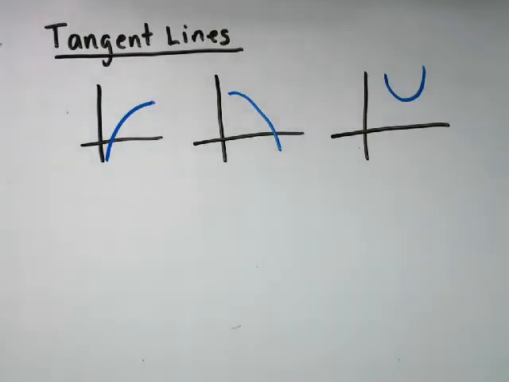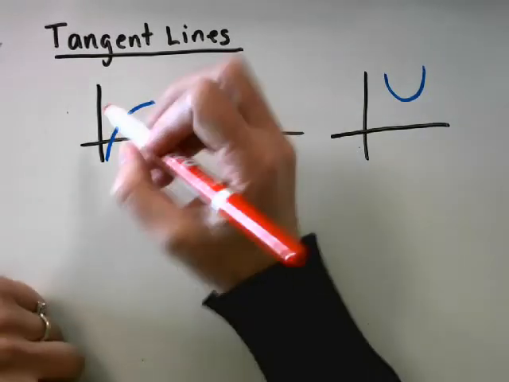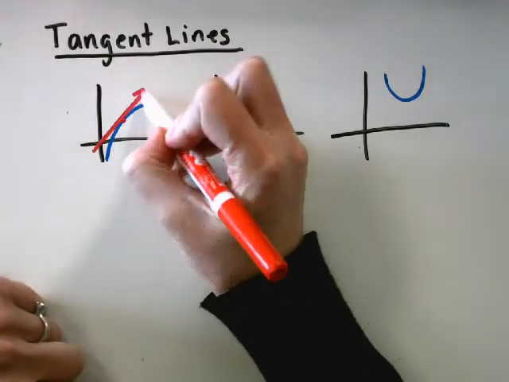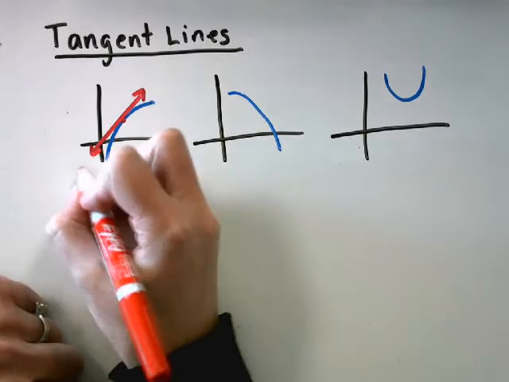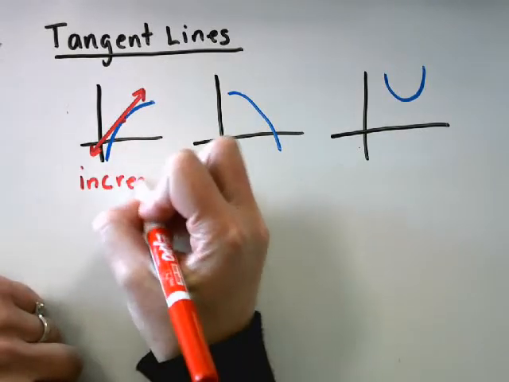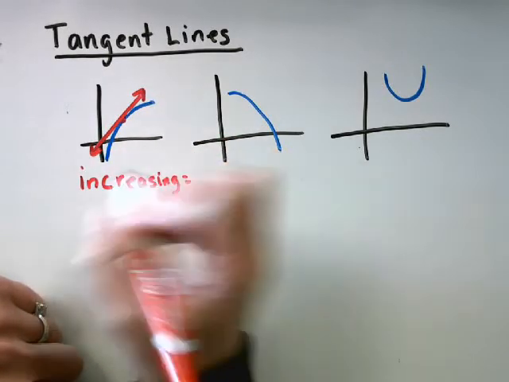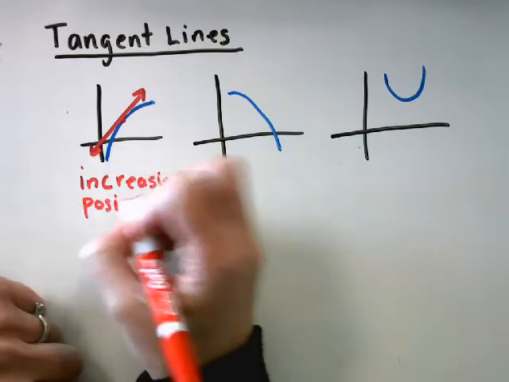Okay, so I'm gonna look at these three graphs and I'm just gonna sketch a tangent line. So if our graph is increasing, then we have a positive slope.